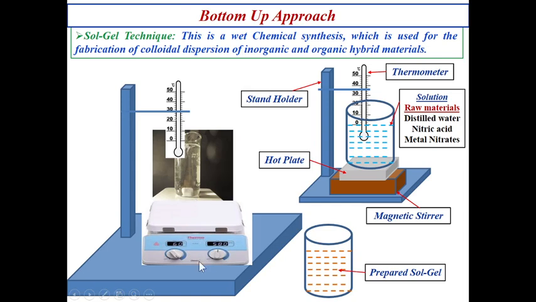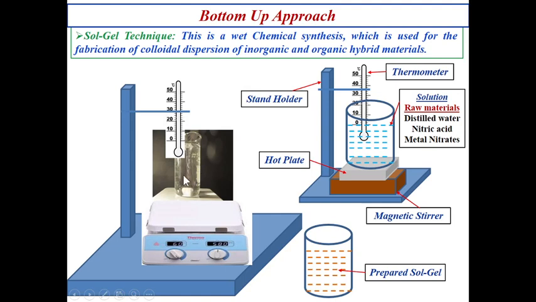This is the magnetic stirrer, and along with this is the hot plate. If we put a solution on this, then at a particular temperature the solution is going to rotate. Then after some time we can say that the solution is homogeneously mixed.